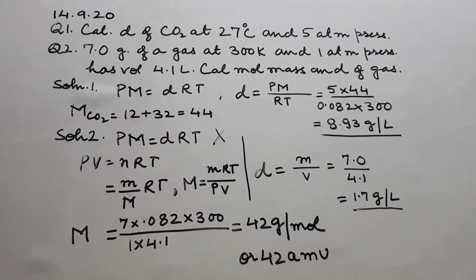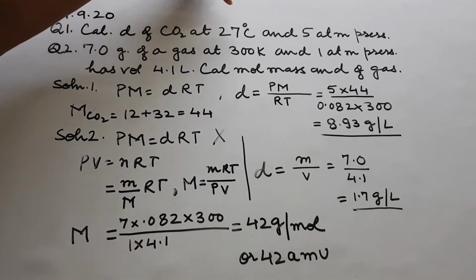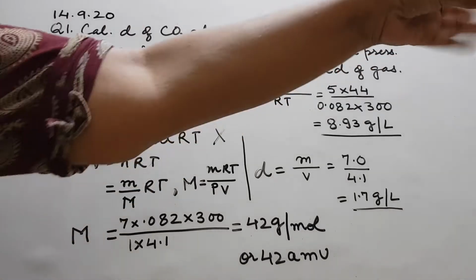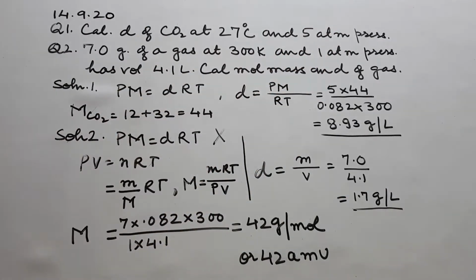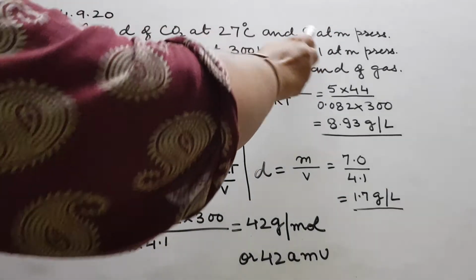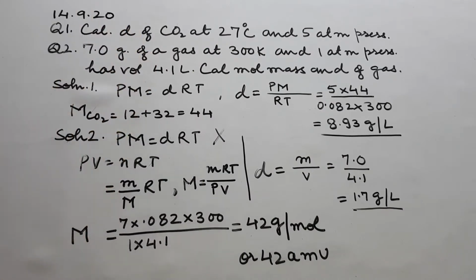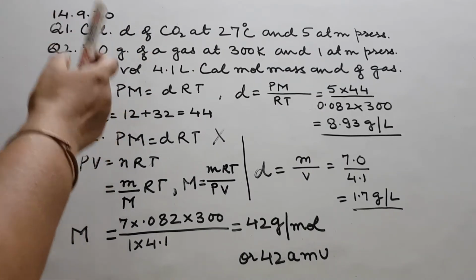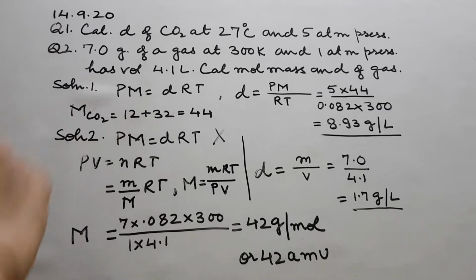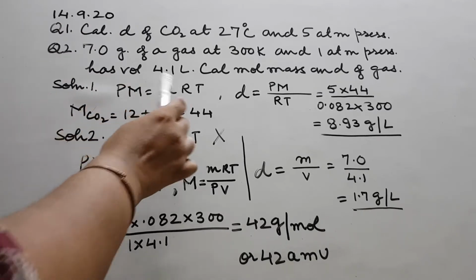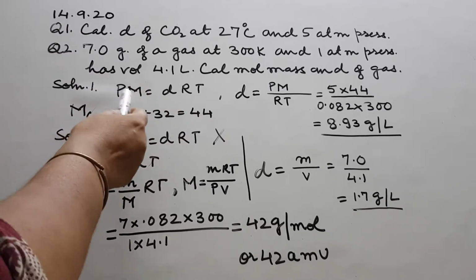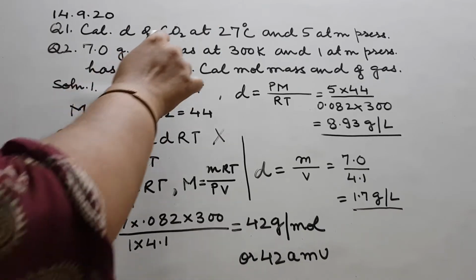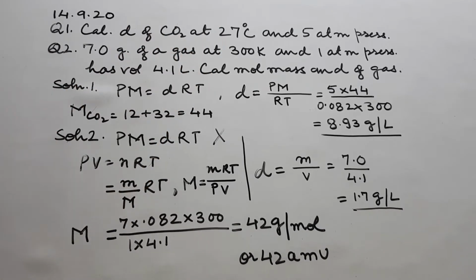I repeat, whenever you read a question, children, you just go on writing what is given to you. First, calculate D, D question mark. Then T, 27 degrees Celsius, immediately plus 273. Then pressure, 5 atm. So two are given to you, D is to be calculated, and M was also required for this formula where we have P and T to calculate D. I got M indirectly in the question because they said it is CO2.